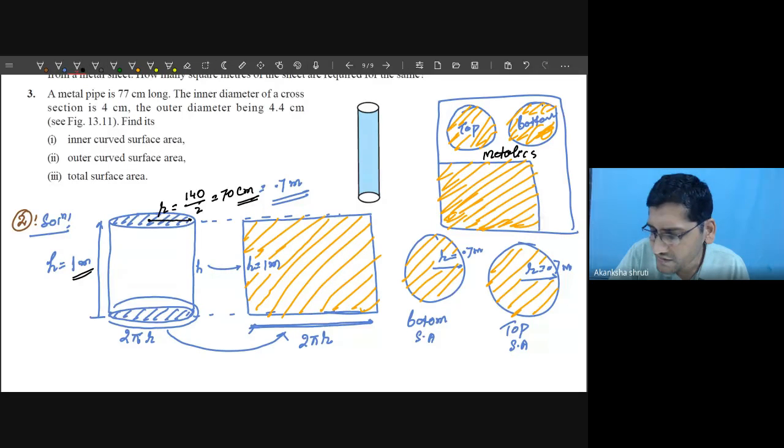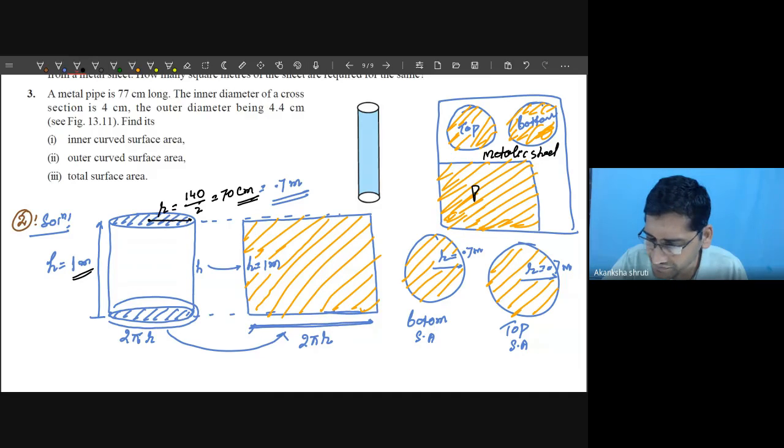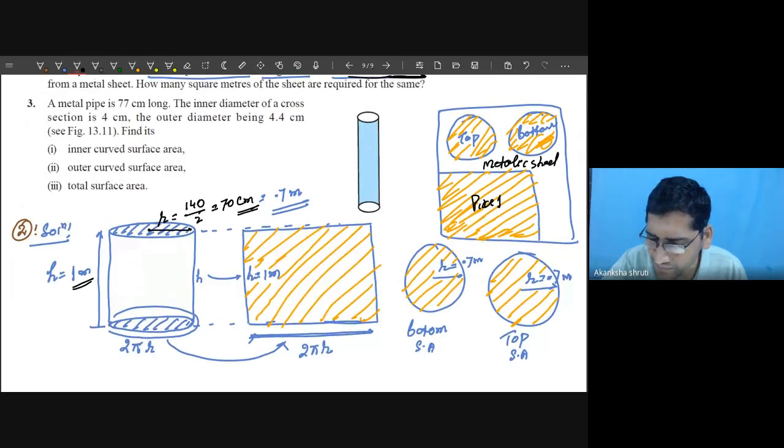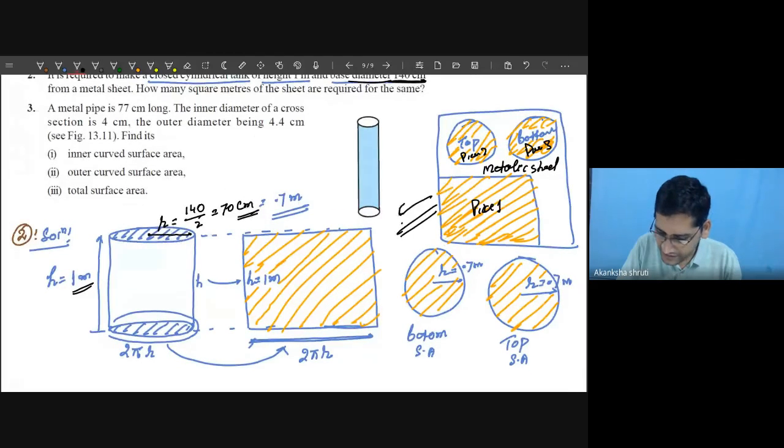From this metallic sheet, you need to cut these 3 pieces: piece 1, piece 2, piece 3. So these 3 pieces we have redrawn here. From this, the 3 parts are taken out.